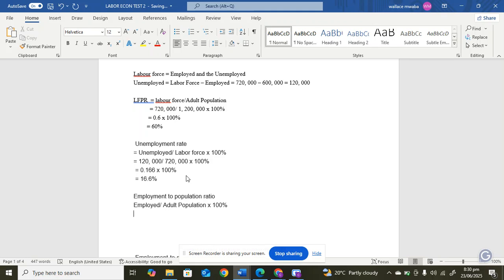So the employed, 600,000. The adult population, 1.2 million.